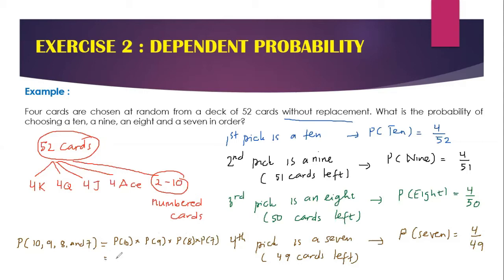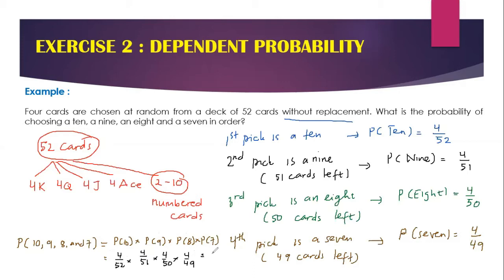And right here, 4 over 52 times 4 over 51 times 4 over 50 times 4 over 49.